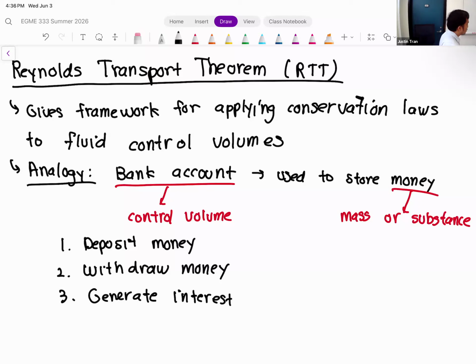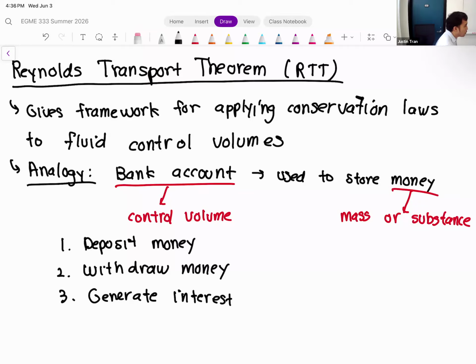For instance, if your bank gives you a 5% APY, then the bank will deposit into your bank account 5% of whatever you had, almost like a payment for using their services.